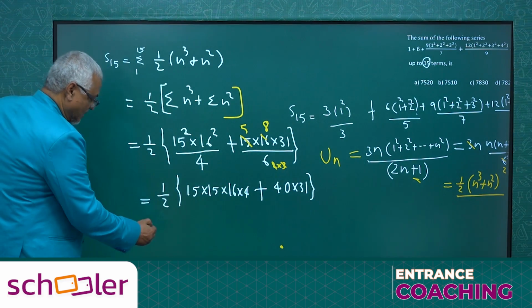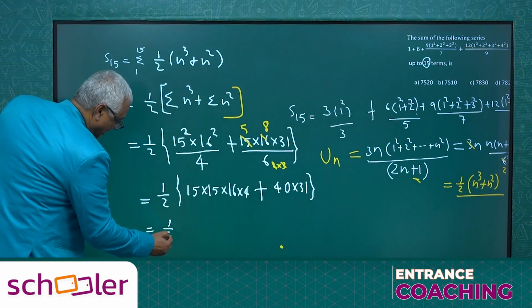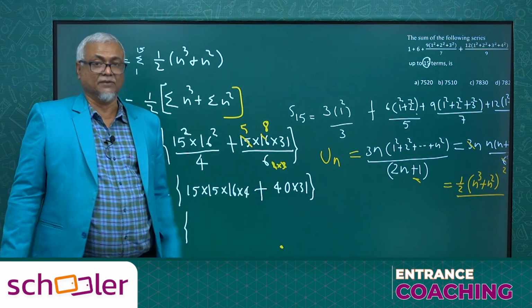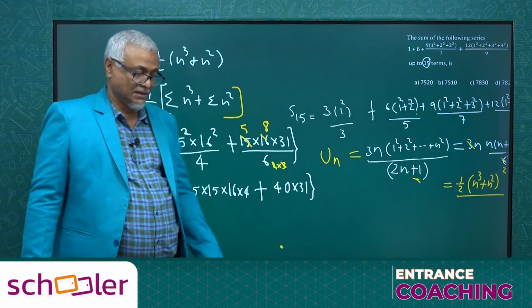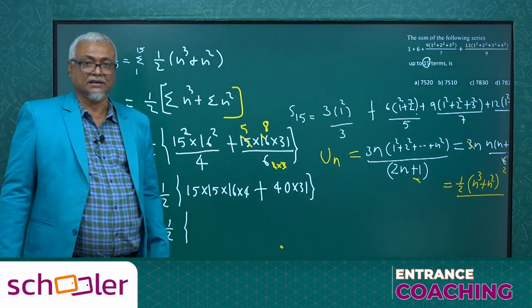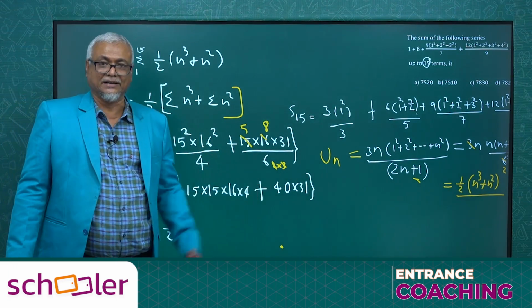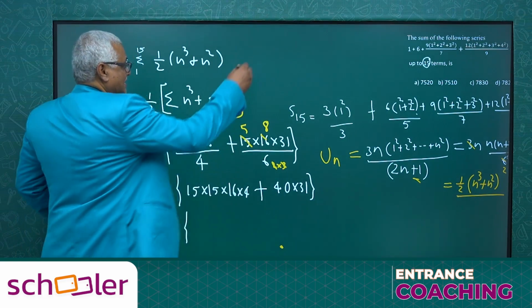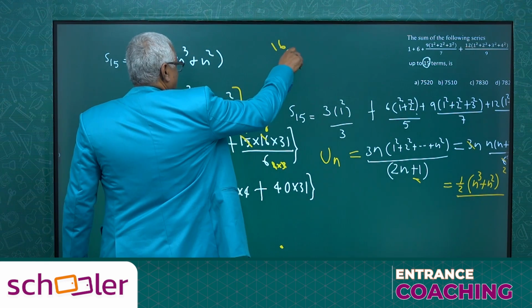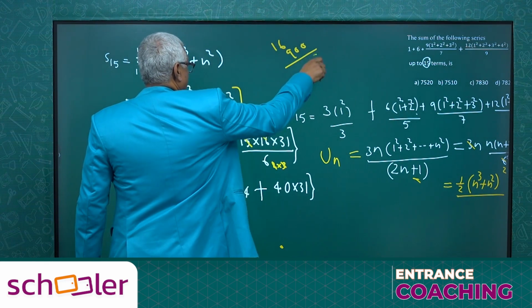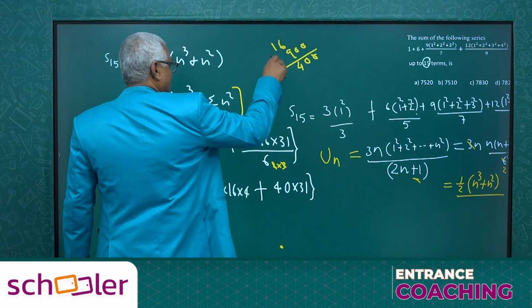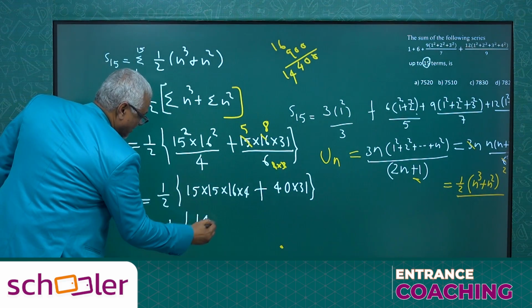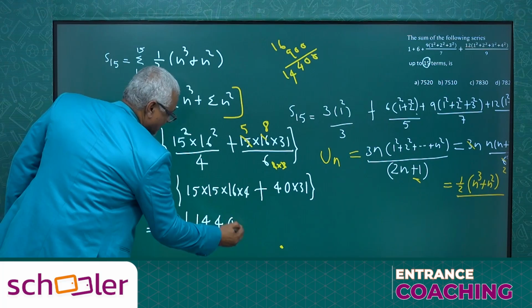This is equal to 1 by 2 times this 15 into 4. You see, simple multiplication. 15 into 4 is 60. 60 into 15, 900. 900 into 16 we got 14400.